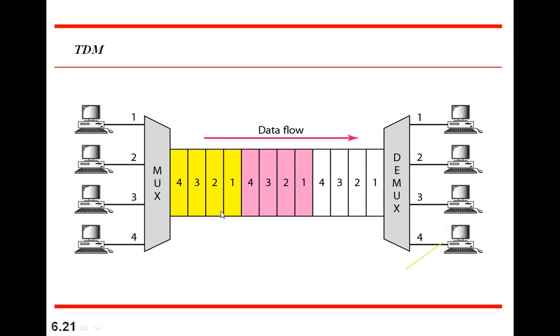Each time slot is allotted to a different user, so that all the data can travel through the same line. Let's assume that there are four users generating data, and this is a single channel.